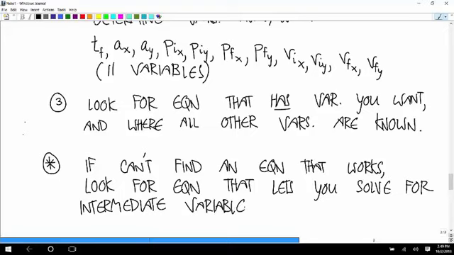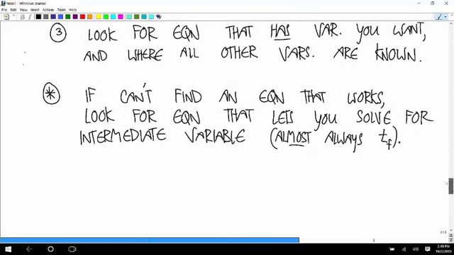And this intermediate variable is almost always going to be time final. Once you've solved for time final, go back to step 2. Now that you know a new variable, include that in the stuff you know, and look for another equation.